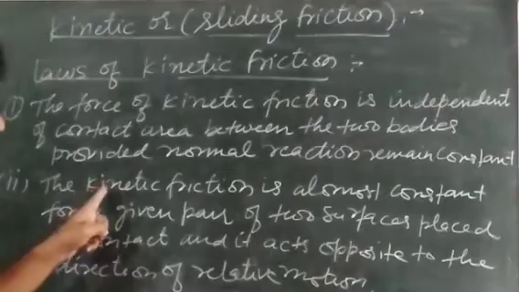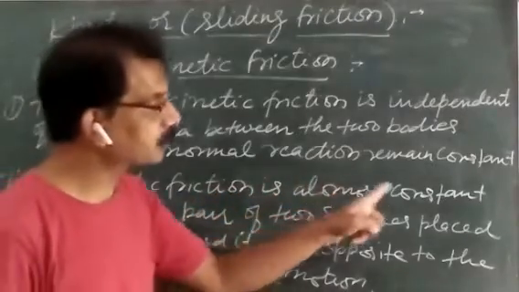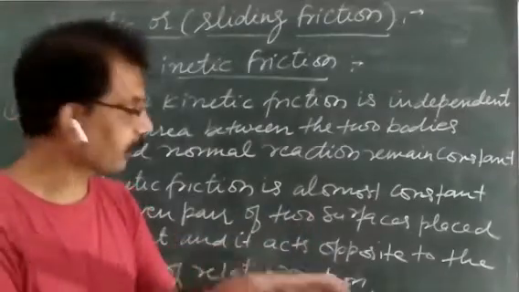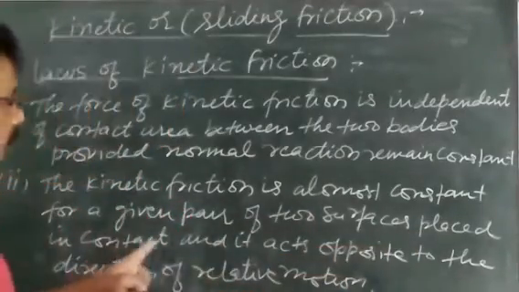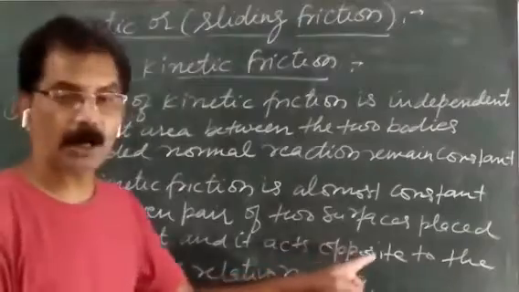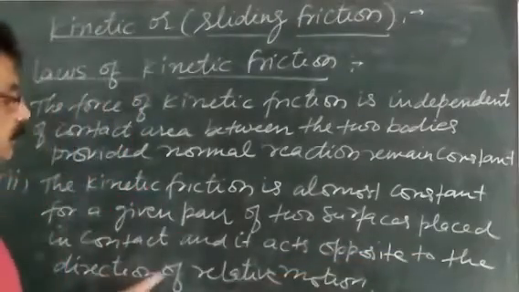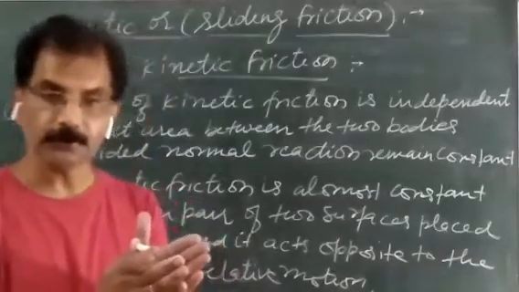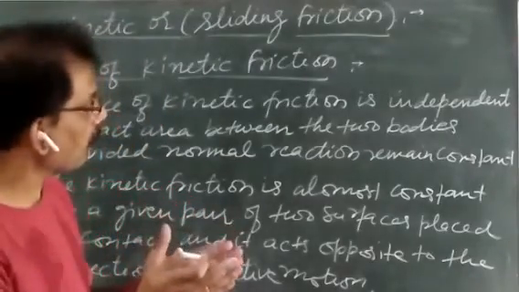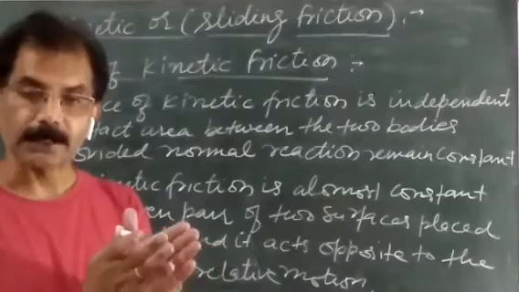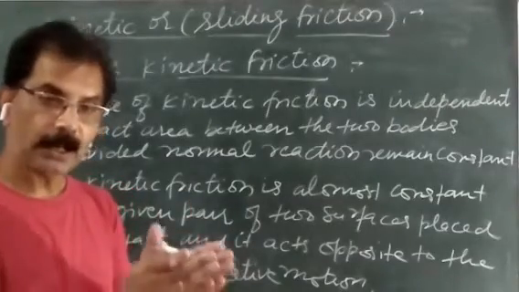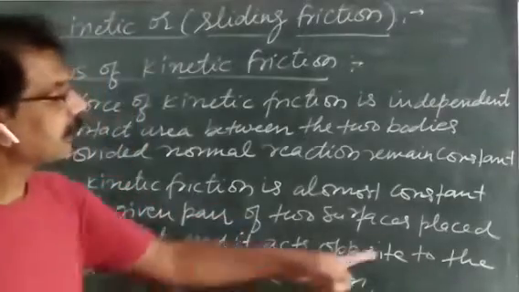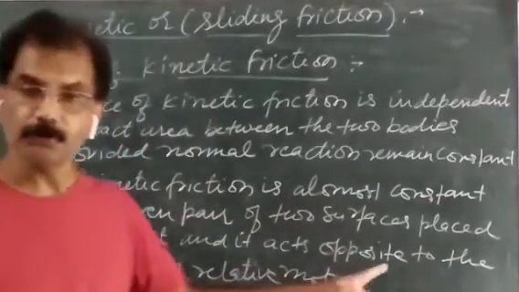Second, the kinetic friction is almost constant for a given pair of two surfaces placed in contact, and it acts opposite to the direction of relative motion. It means for a given pair of surfaces, the kinetic friction remains constant, and it always acts in a direction opposite to the direction of relative motion.